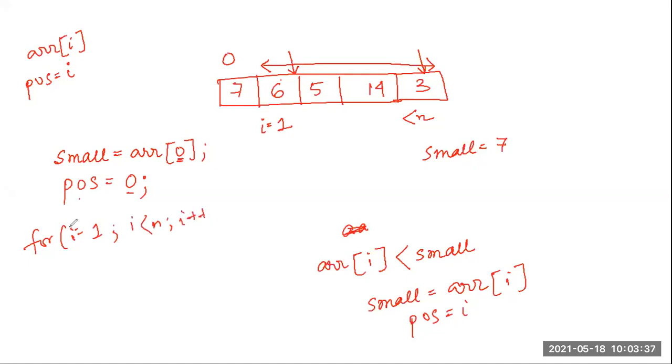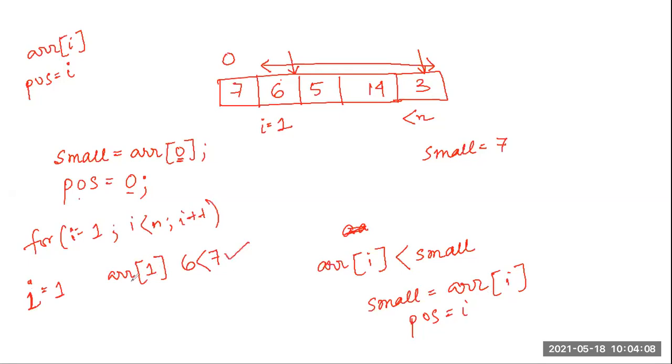So for i equal to 1, what is the value of arr[1]? Here i is 1, so arr[1] has the value 6. So it will compare: 6 is less than 7. Yes.